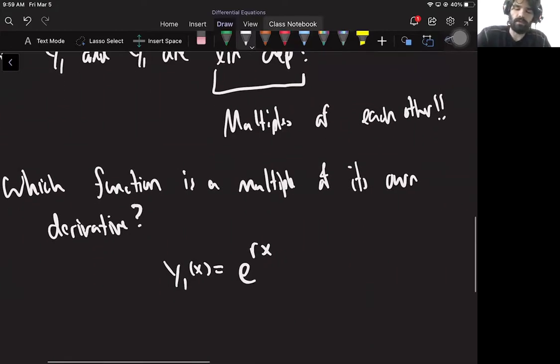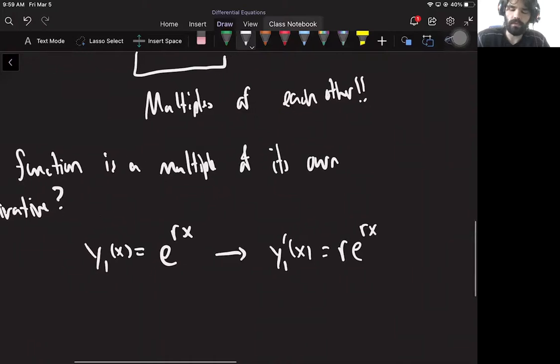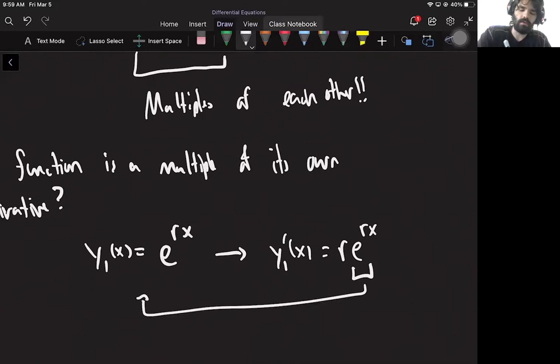Because when you take the derivative of an exponential function, you get a multiple of the original function, because you just bring that r down with the chain rule. So it's just a multiple of the original.